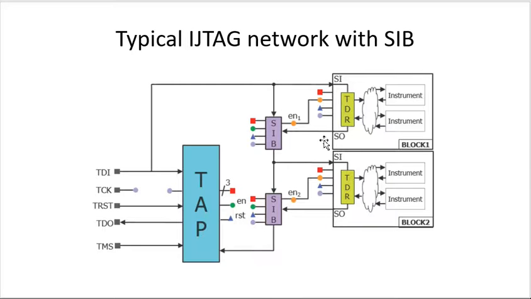On receiving these signals, the SO signal is passed to the SIBs, and then the SIB passes it to the next block. Once all of these signals are involved together, it is sent back to the tap. There is a signal which we are receiving as well as getting back for feedback here as well. So this is about the typical IJTAG network.